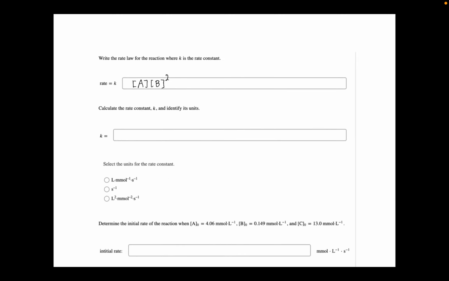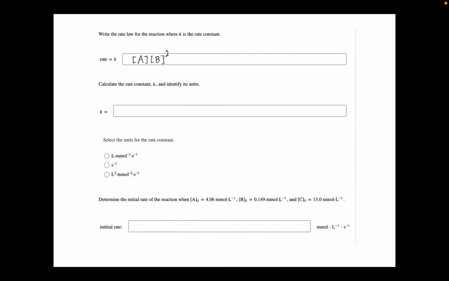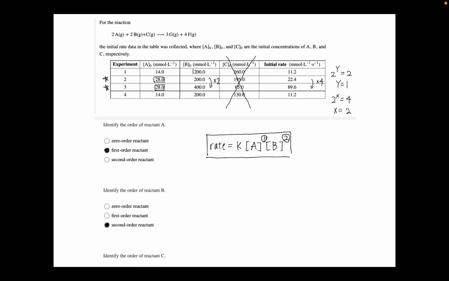Okay, so the next question tells us to calculate the rate constant k and identify its units. So let's do that. If we want to calculate k, we know that k equals the rate divided by A times B squared. We can select either row to do the calculation, and I choose the first one, the data from experiment 1.